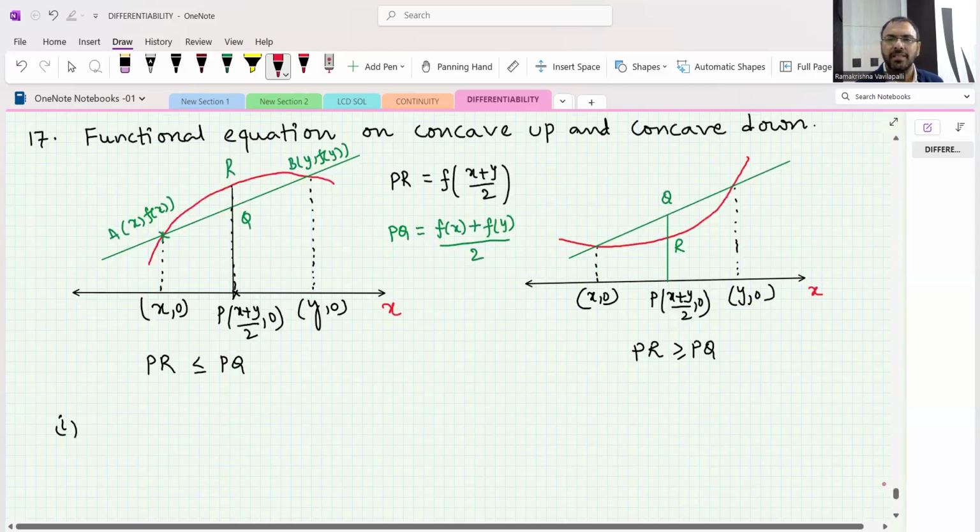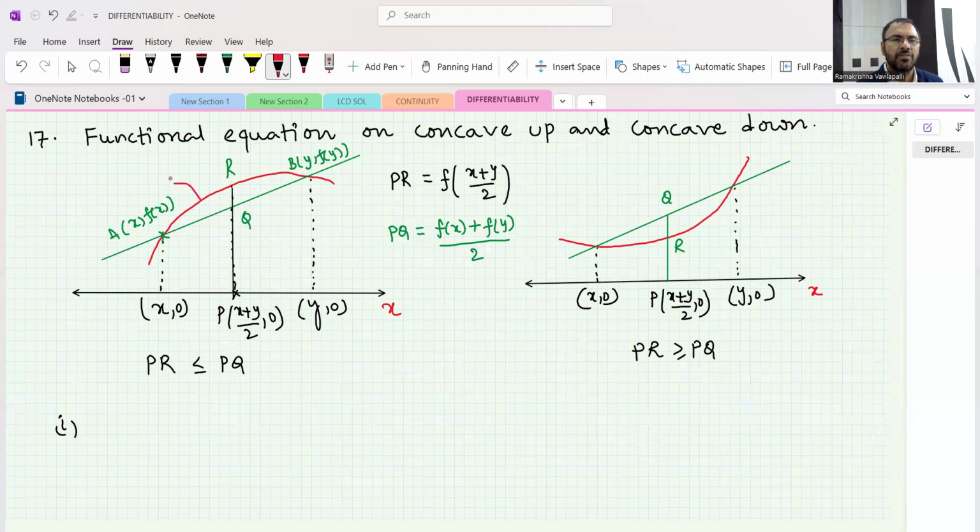One functional equation is based on concave up and concave down. This is known as a concave down function, and this is a concave up function.